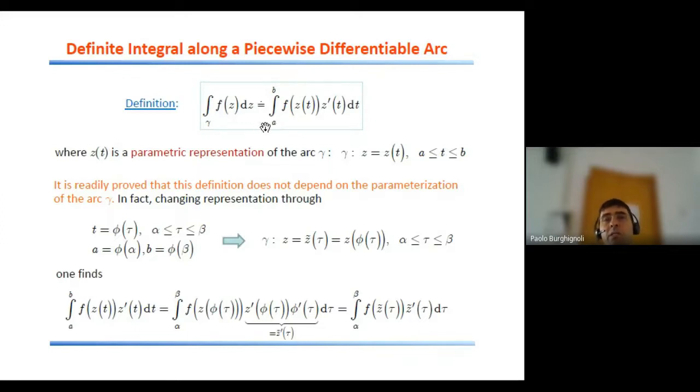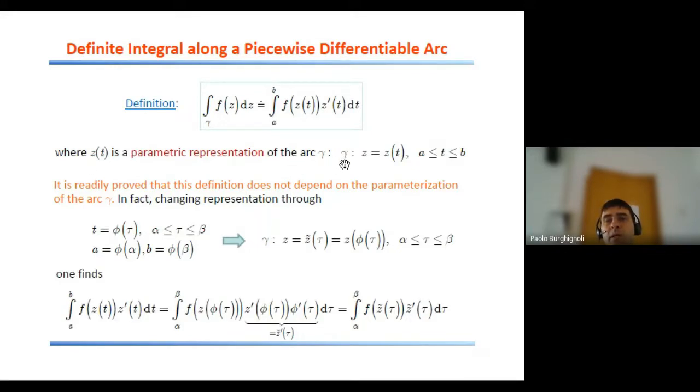The meaning of this expression at the left-hand side is provided by what you can find at the right-hand side. That this is a standard real integral along an interval that goes from a to b with respect to a parameter t, which is the parameter that describes your curve gamma.